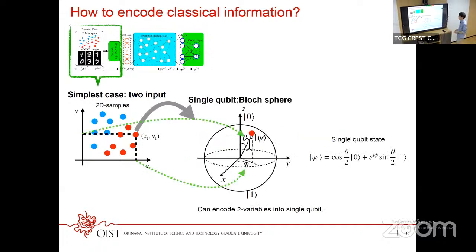It's easy, because a single qubit state can be represented by two angles. Let's assume the Bloch sphere, where there are two angles. By mapping these variables to the angles, we can encode the information into the Bloch sphere, or a single qubit state.